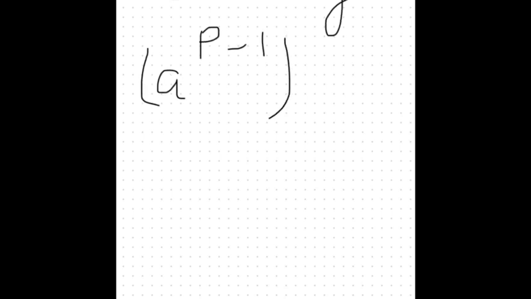All right, so Fermat's Little Theorem states that, let A and P be relatively prime, then A raised to power P minus 1 modulo P is equal to 1.